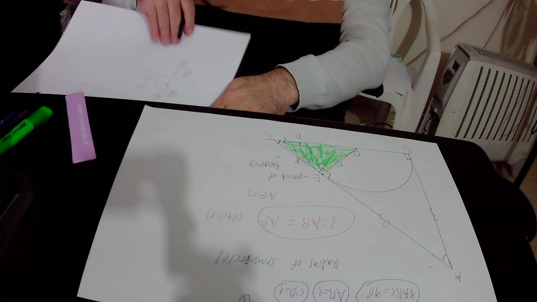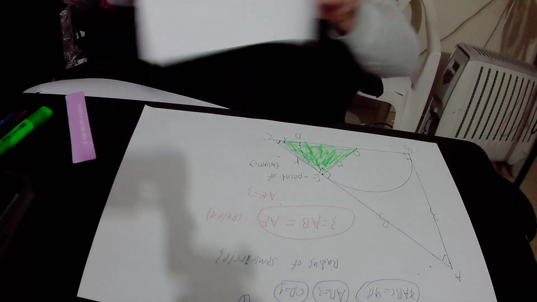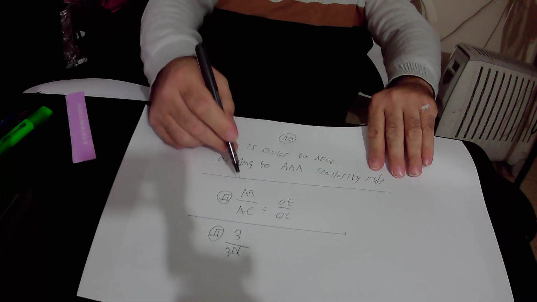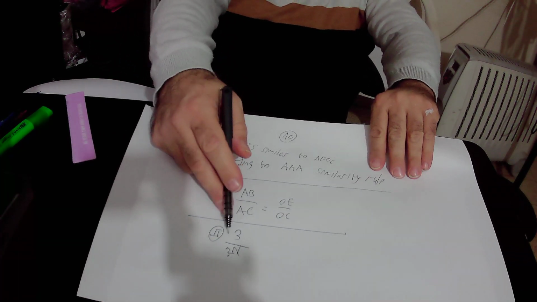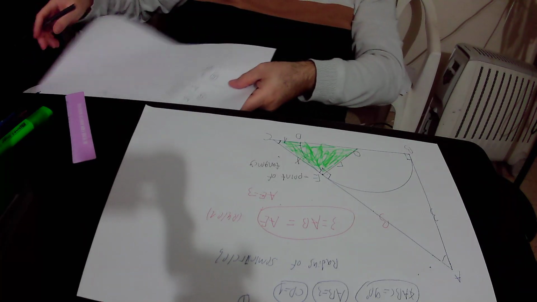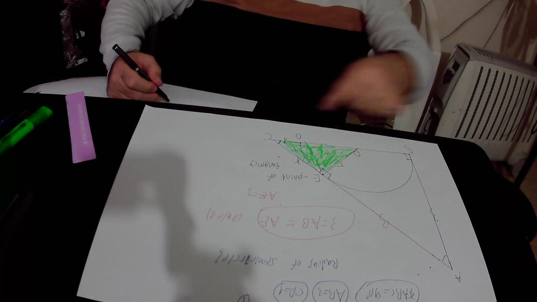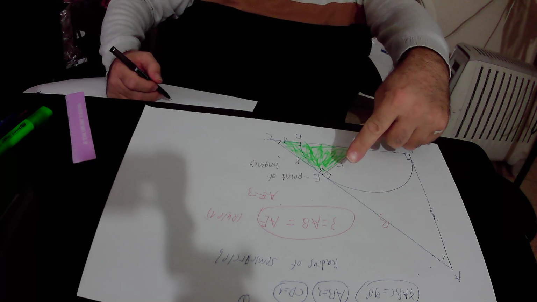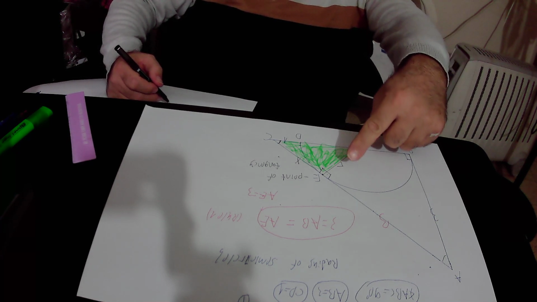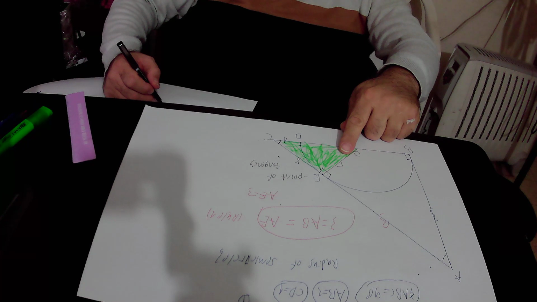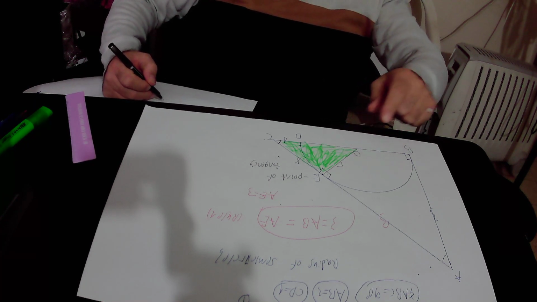So we get that AB is equal to 3 units and AC equals 3 plus X, and all this equals OE over OC. What is the value of OE? From the drawing we can see that the value of OE is R, the radius of the semicircle.